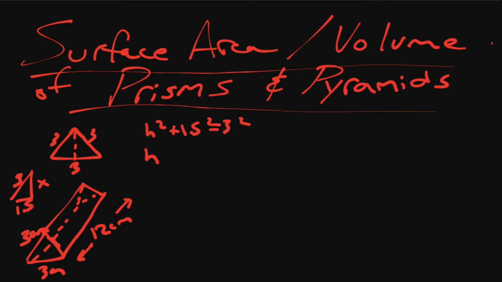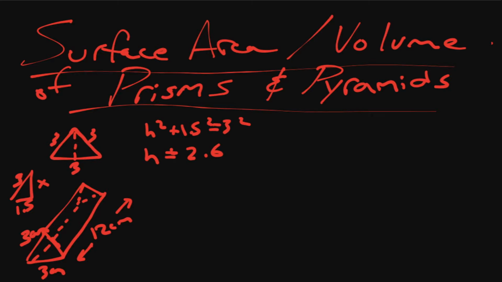And then we do a whole bunch of mathematics, and we get 2.6. Because 9 minus 2.25 equals 6.75. The square root of that is about 2.6.